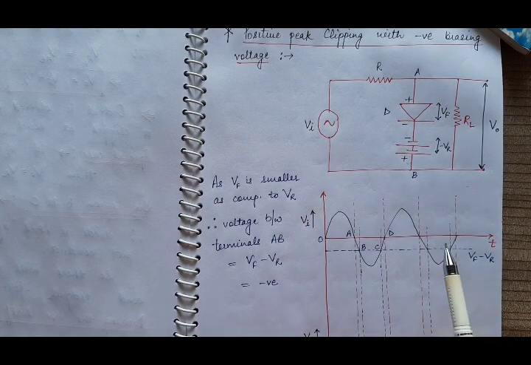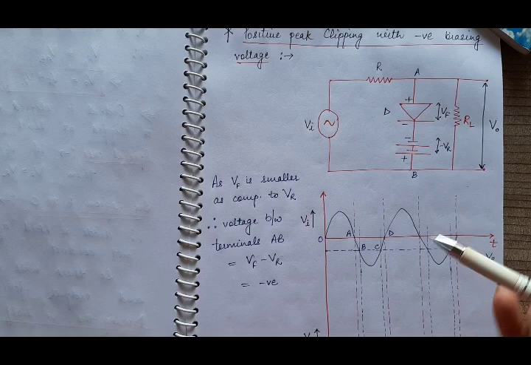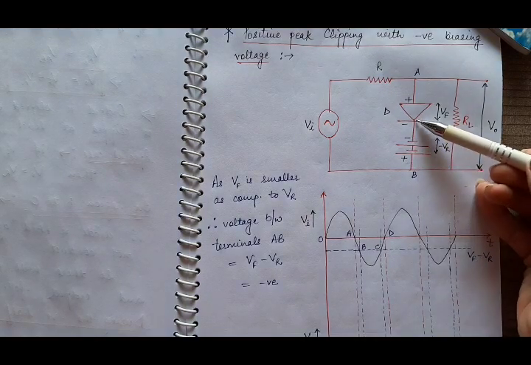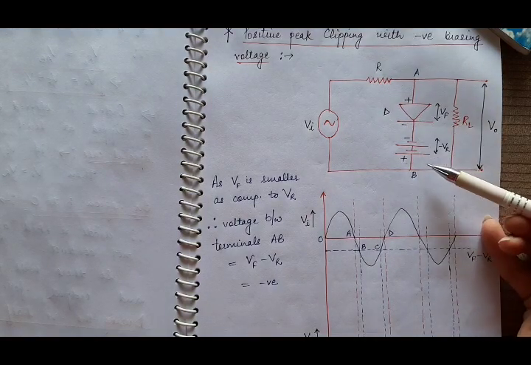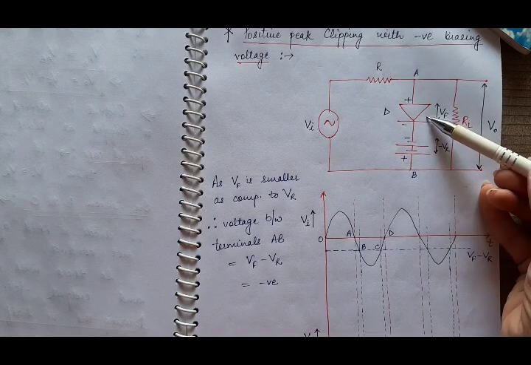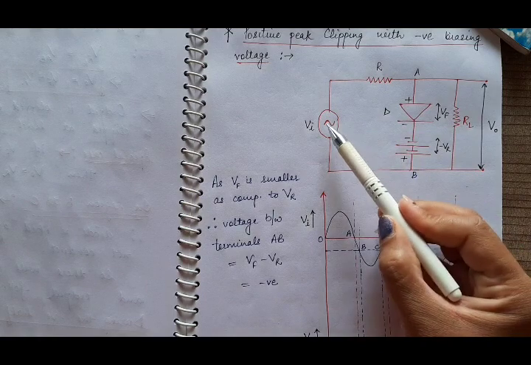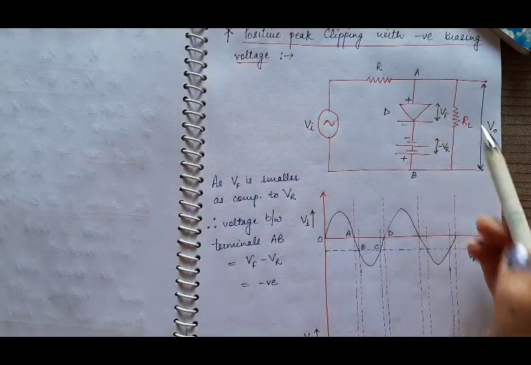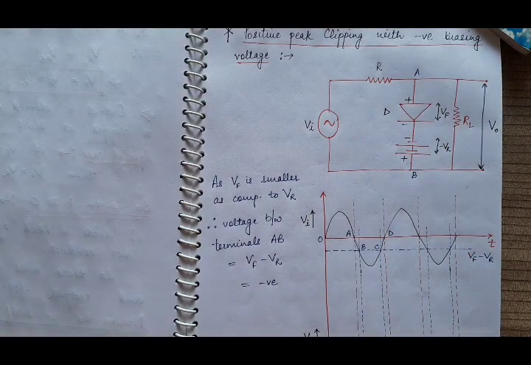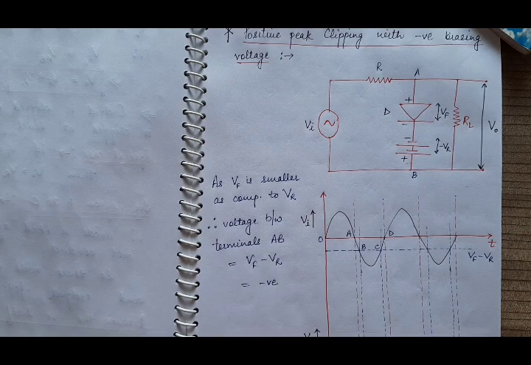It means both are not opposing each other. Why? Because the negative of this is connected to the negative of this. So VR will forward bias the diode, and at the same time, during the positive half cycle, this positive voltage will also forward bias the diode. It means both VI and VR will forward bias the diode during the whole positive half cycle.